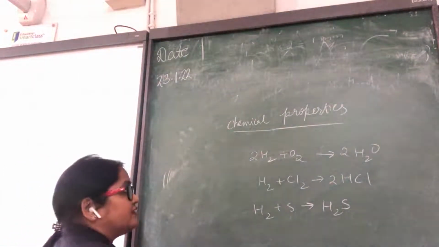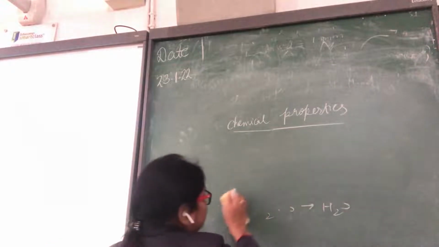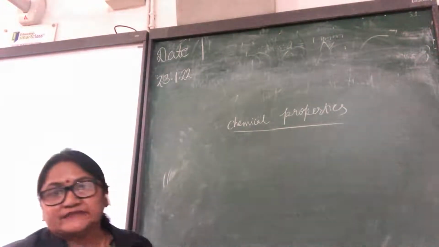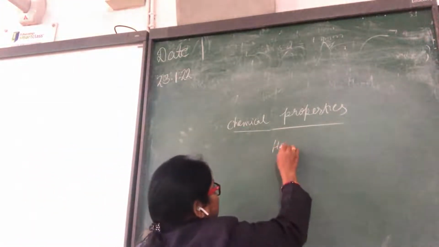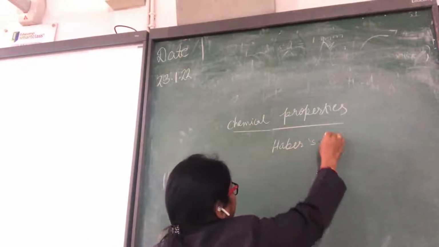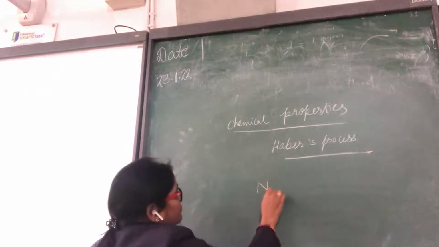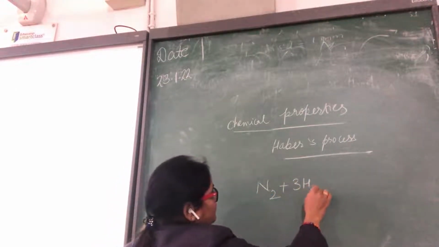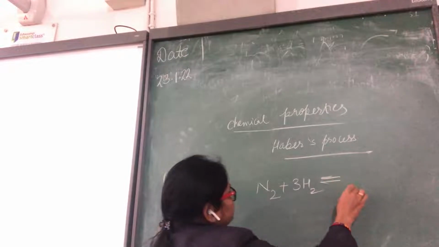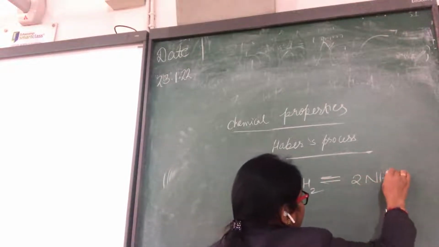Then another very important reaction of hydrogen is also known as Haber's process. N2 plus 3H2 will produce 2NH3.